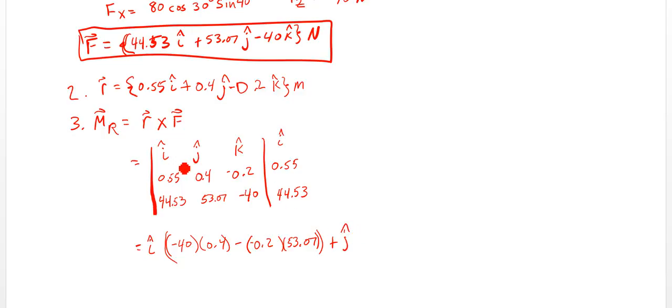Plus j, so I'm going to cross here and subtract that. I should have put a negative there: negative 0.2 times 44.53 minus 0.55 times negative 40.